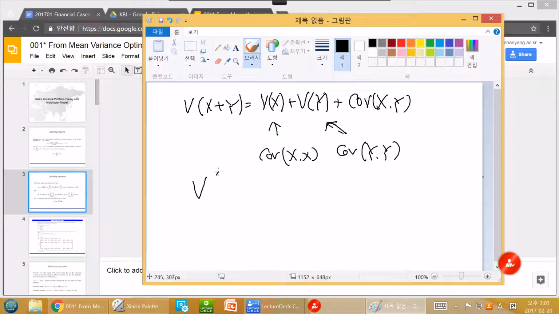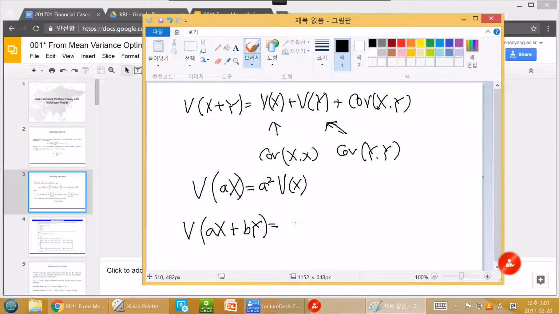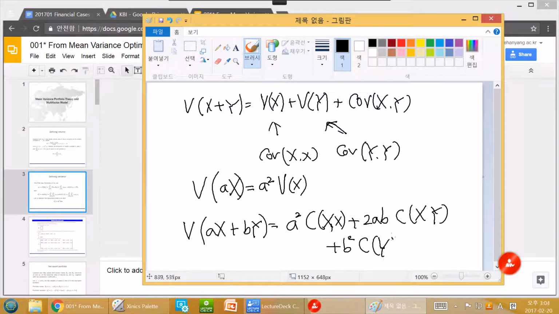And then we have a constant: a squared variance x, right? Now variance of ax plus by is simply a squared covariance with itself, which is simply variance, plus 2ab covariance of xy, and b squared covariance of y.